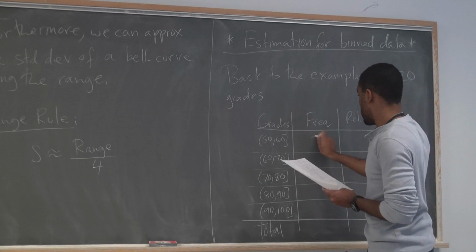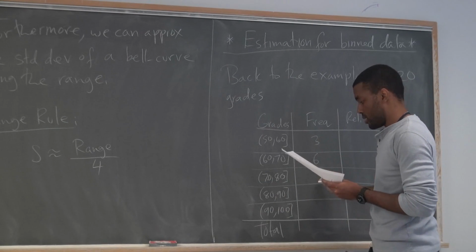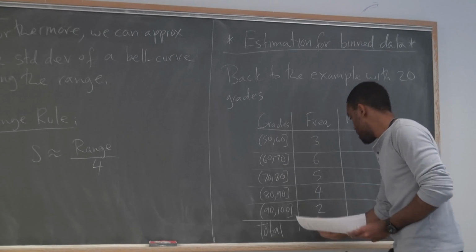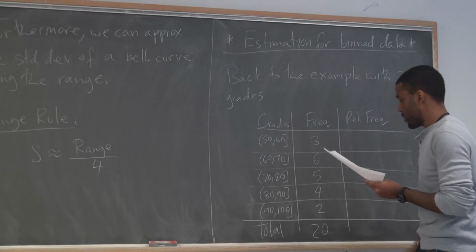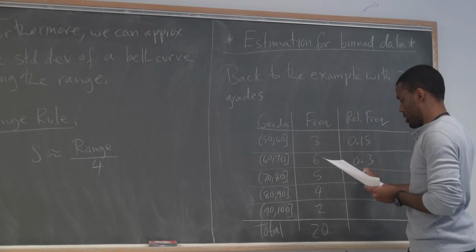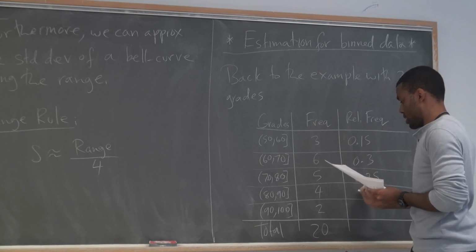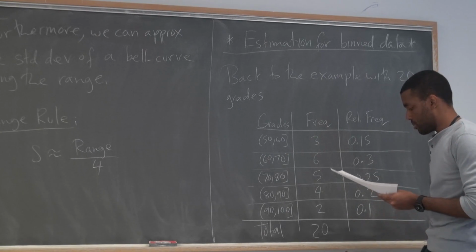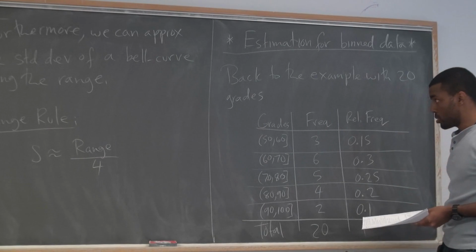We threw this in a table: 3, 6, 5, 4, and 2 grades here, for a total of 20 grades. The percentages were 15%, 30%, 25%, 20%, 10%, which adds up to 1.